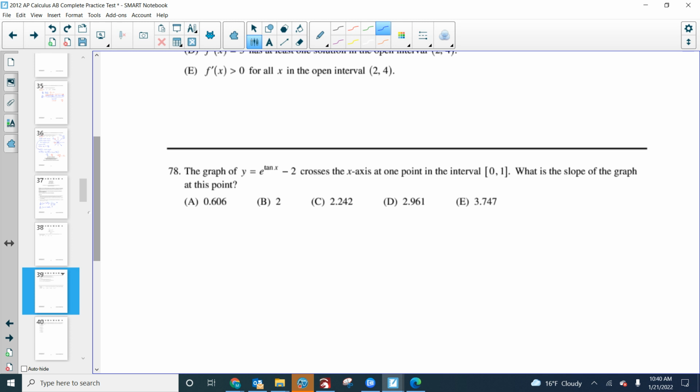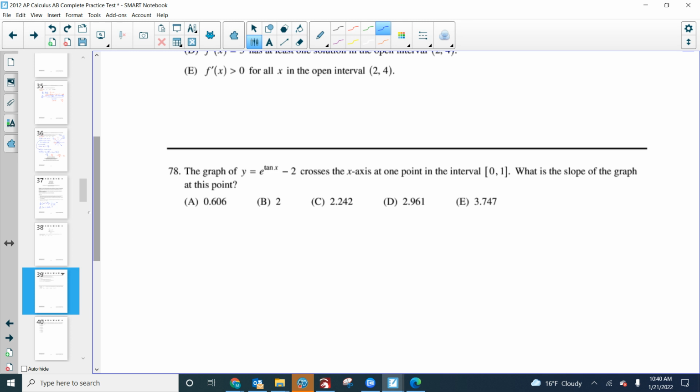All right, the graph. The graph of y equals e to the tangent of x minus 2 crosses the x-axis at one point. Is that where the derivative equals 0 or where the function equals 0? That's where the function y, not dy dx, equals 0.